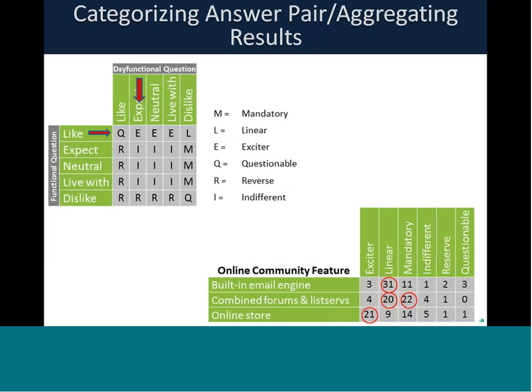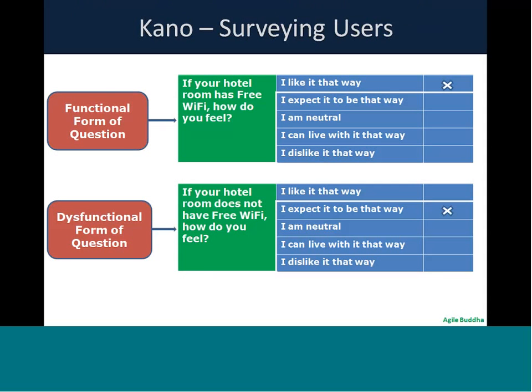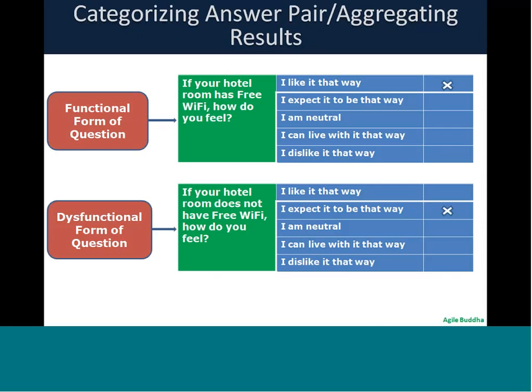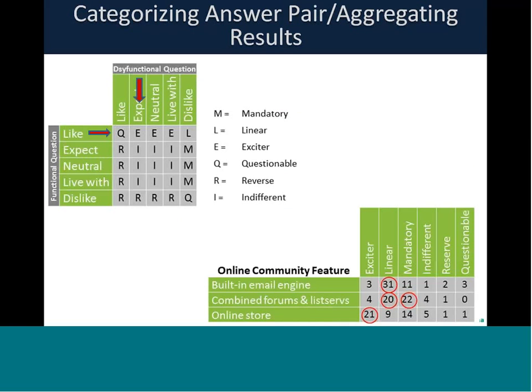So on the left side, the functional question, I like it that way, and the dysfunctional question for the same, the customer said I expected it to be that. So you see an expect, and you mark it as E in this table. So E is an exciter. It means this is an exciter for our users to whom we are building. This is how you categorize all your answer pairs from talking to your users and customers.